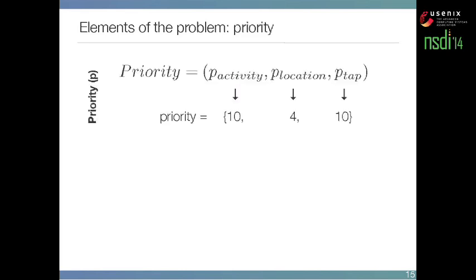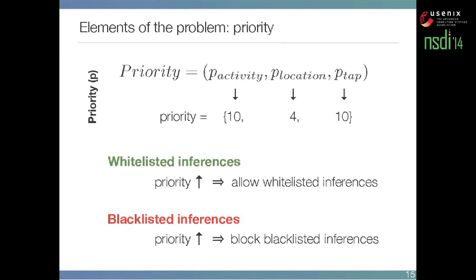The second element of our problem was this priority. So we allow the user to not only configure a whitelist and a blacklist, but also associate a priority value to these inferences. In ipShield, the priority numbers are from 1 to 10, where a higher value indicates higher priority. Now, the notion of priority has different connotations when it comes to whitelisted inferences and blacklisted inferences.